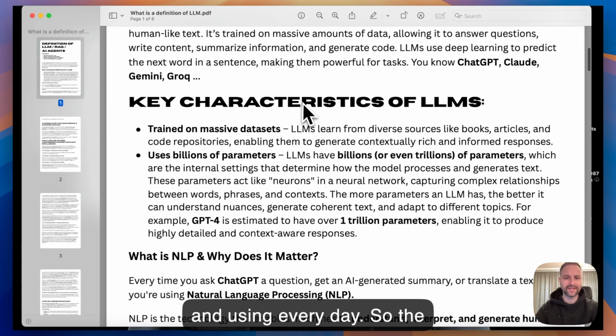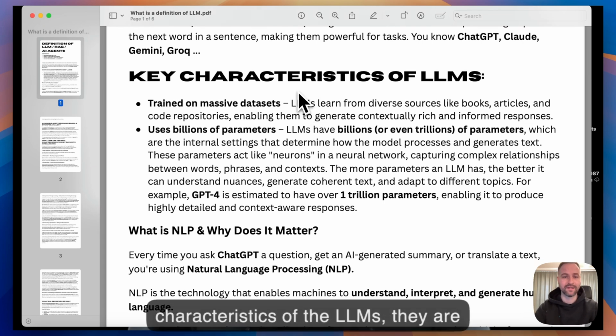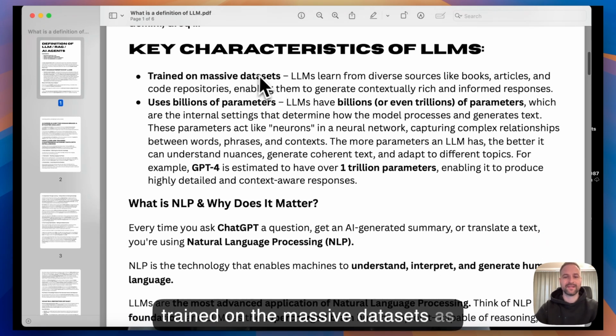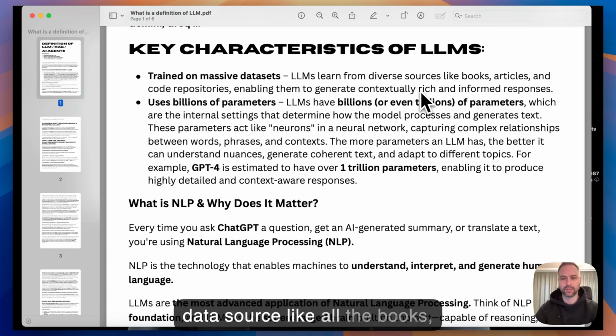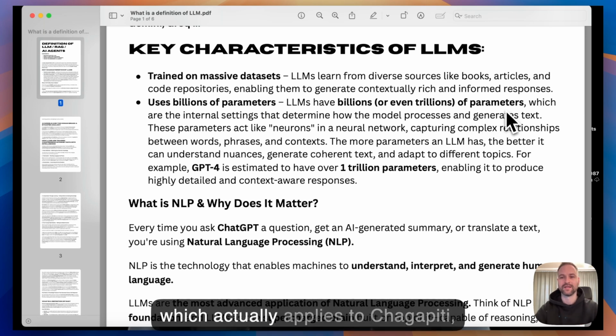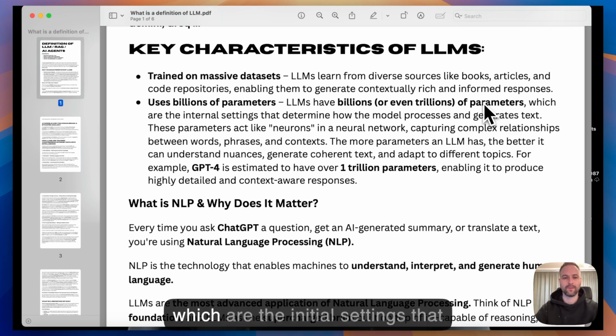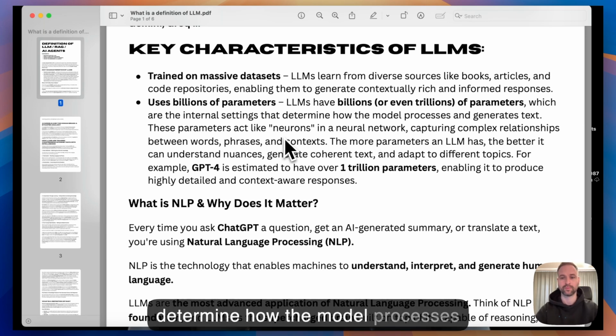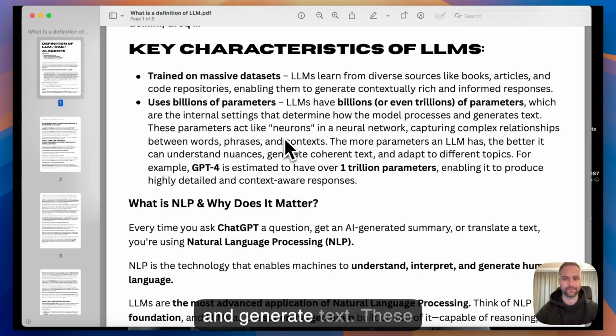So the characteristics of the LLMs. They are trained on massive data sets, as we said. They learn from diverse data sources like books, articles, and code repositories, enabling them to generate contextually rich and informed responses. They use billions of parameters, like LLMs have billions or even trillions of parameters, which actually applies to ChatGPT, which are the initial settings that determine how the model processes and generates text.